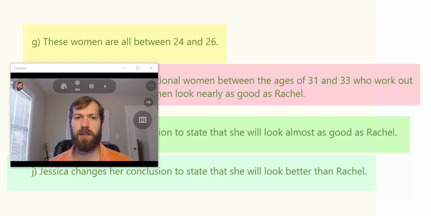So suppose we find out that these 5 women, these additional primary analogs, are all between 24 and 26 when Jessica, remember, is 32.